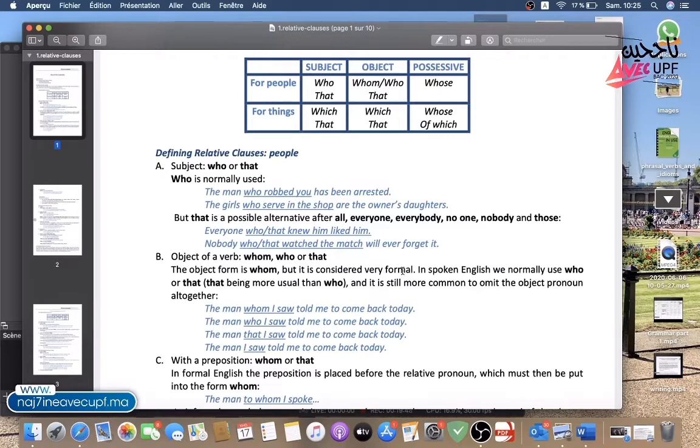And it is still more common to omit the object pronoun altogether. Okay? For example, the man whom I saw told me to come back yesterday or today. The man who I saw told me to come back. The man that, the man I saw, same, everything is the same.